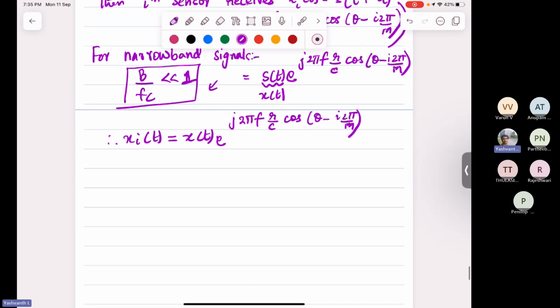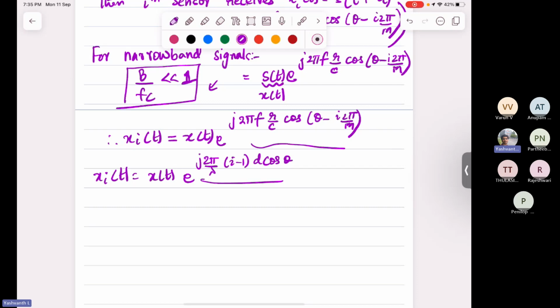So this is exactly like our ULA, right? For ULA, we have xi of t equal to x of t into e power j2 pi by lambda into i minus 1 into d cos theta. That's what we had for ULA. Now, instead of that, we have some other term here.